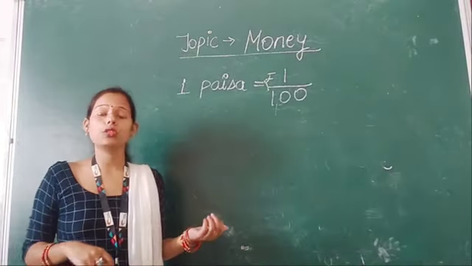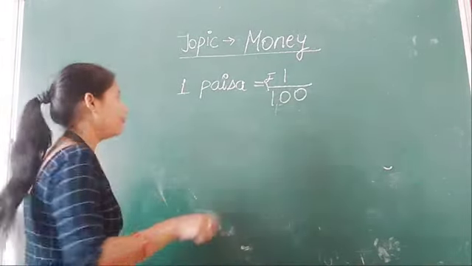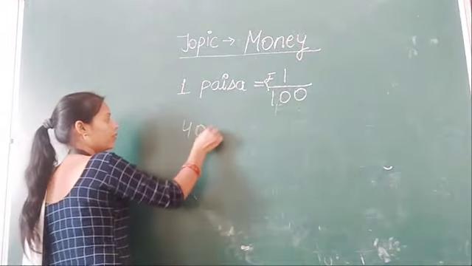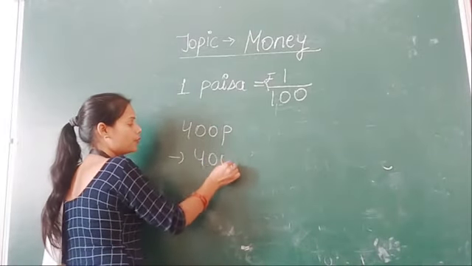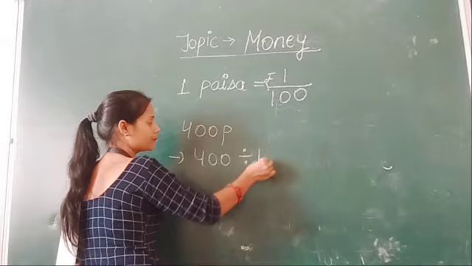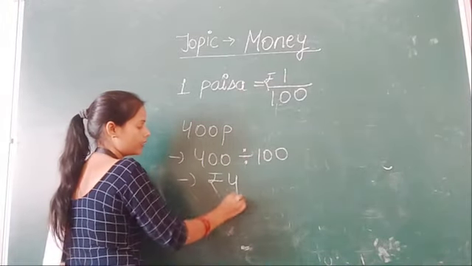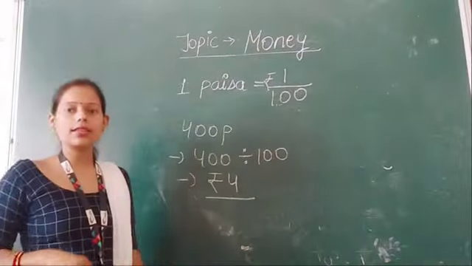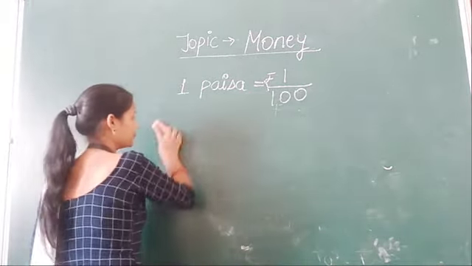It means we have to divide the paise by 100. Like if I have 400 paise and we have to convert it into rupees, what do we have to do? 400 divided by 100. And 100 fours are 400. So here 4 rupees is the answer. Simple.